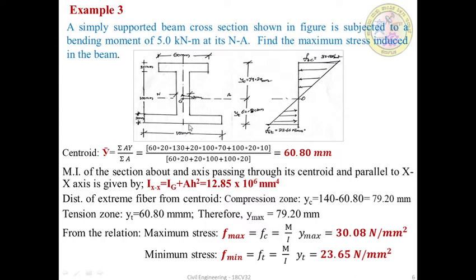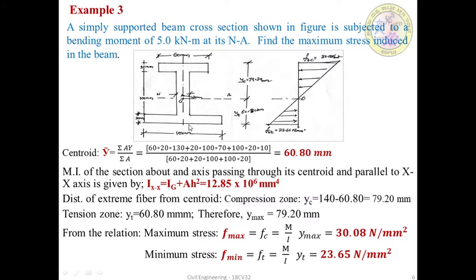So for that, first we check whether the given section is symmetrical about any axis. It is symmetrical about only the vertical axis. This diagram is not symmetrical about the horizontal axis. Therefore, you draw the axis of symmetry with respect to the vertical axis, and the centroid will lie on the vertical axis only.